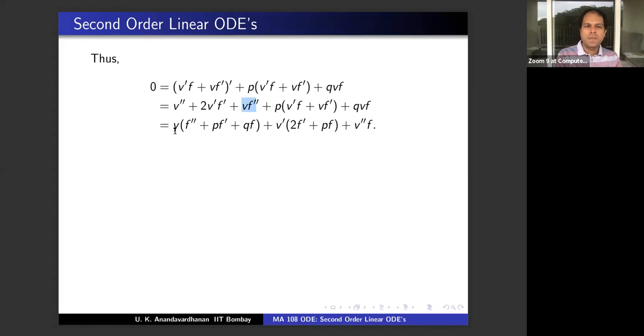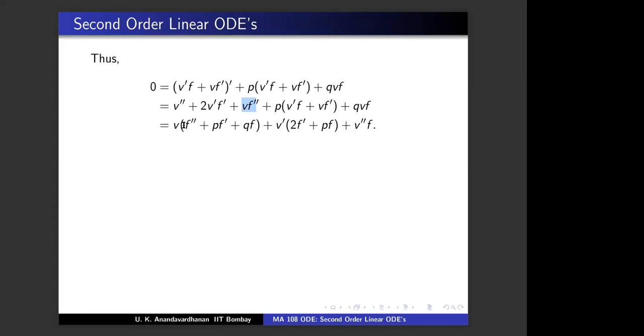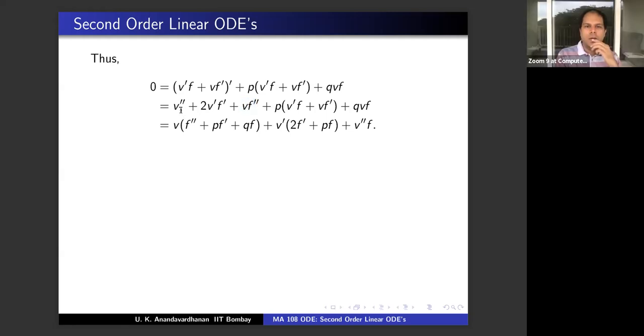Now I have clubbed terms. So v double prime f, right? You missed it in the second line, but it came back in the third. Okay, good. So this is v double prime f. Please remind me at the end to correct this typo. So v double prime f, and everything else is okay.